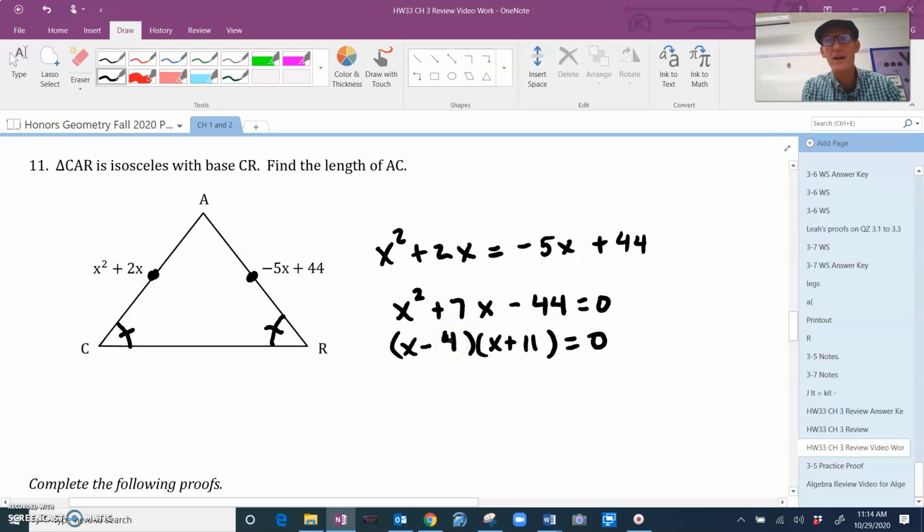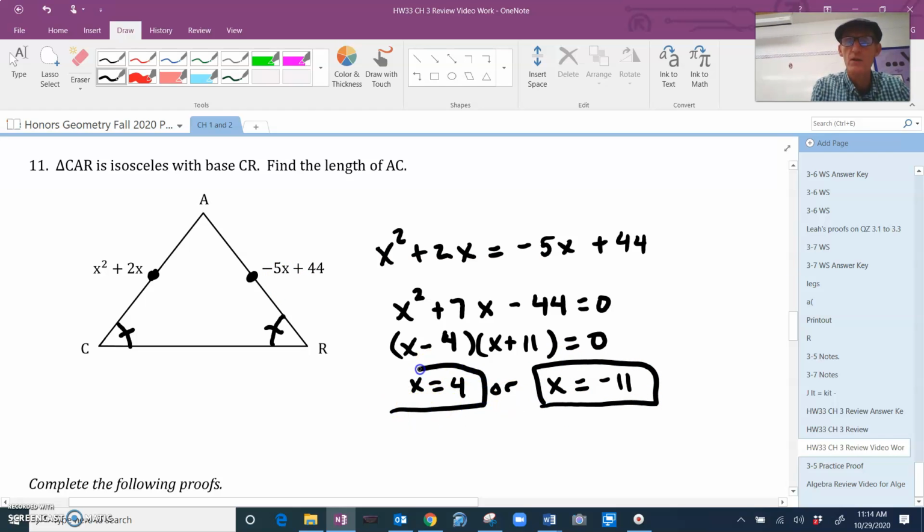So we now can say that x equals 4 or x equals negative 11. Now in this problem, you see we have a negative sign right here, and if we multiply the negative 5 times the negative 11, we're going to get a positive number. So negative 11 just might work in this problem, because when we plug it in, we're going to get a positive value.